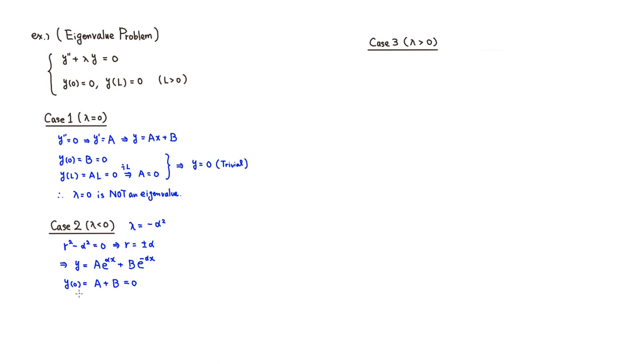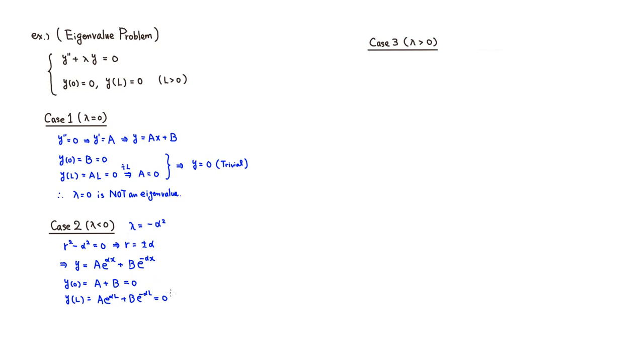And let's look at the second boundary condition. y of L is equal to a e to the alpha L plus b e to the negative alpha L, and this has to be equal to 0. Then we have to try to solve for a and b using these two equations.